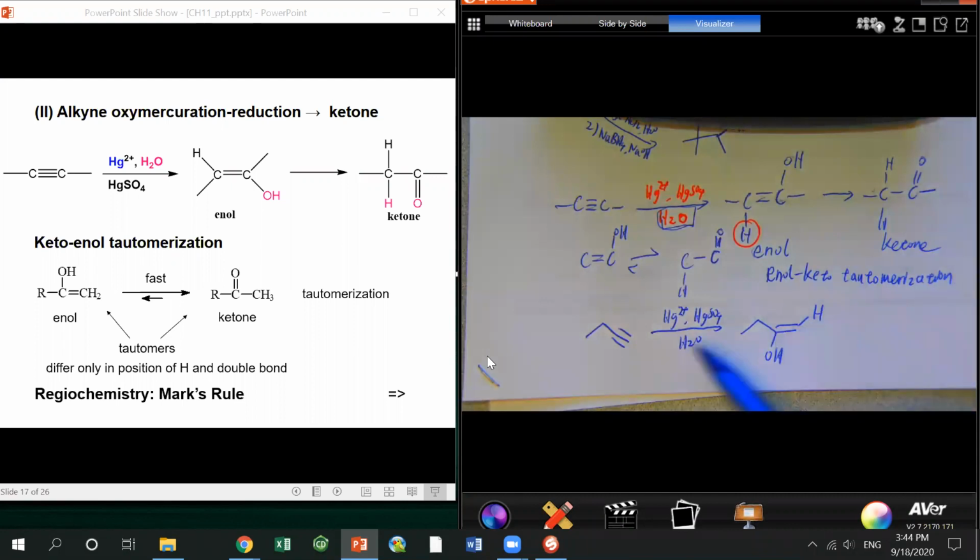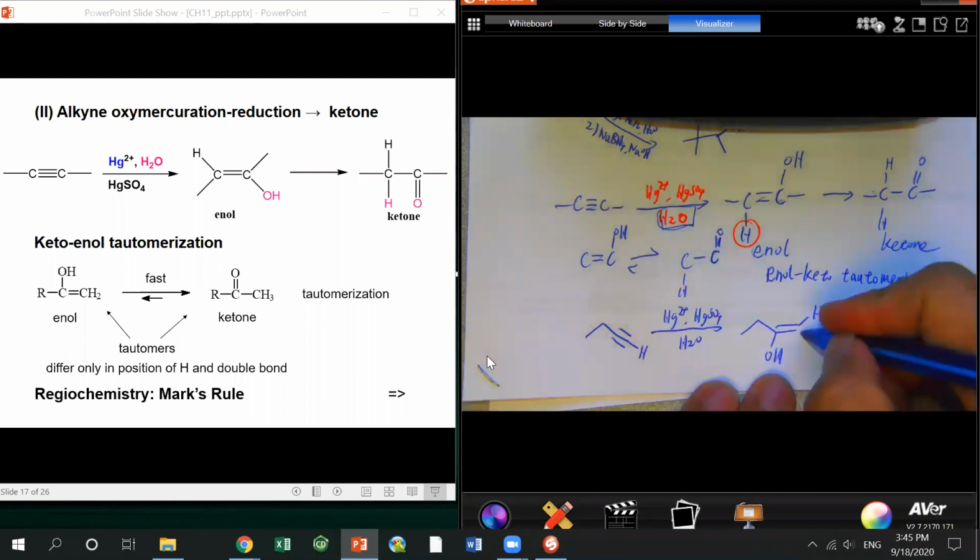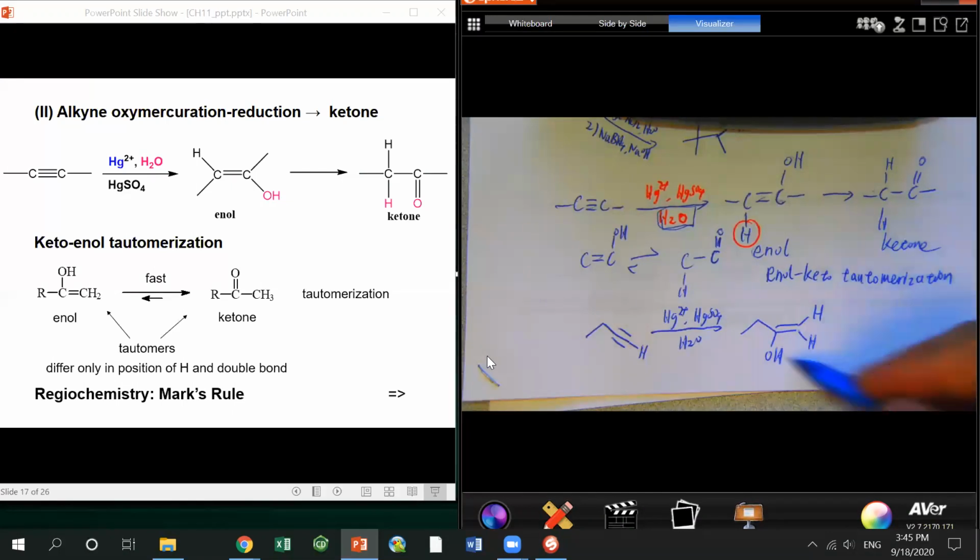This one still follows Markovnikov: the hydrogen goes to the carbon with more hydrogens attached. The terminal carbon has one hydrogen attached, so after reaction another hydrogen goes here, and the OH goes to the carbon with no hydrogen attached.